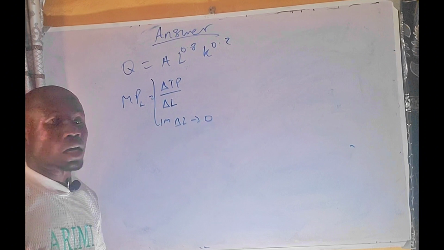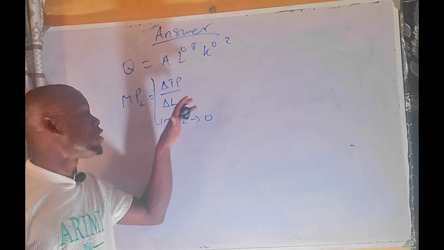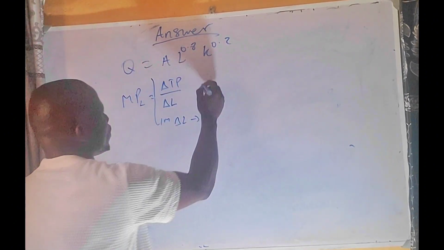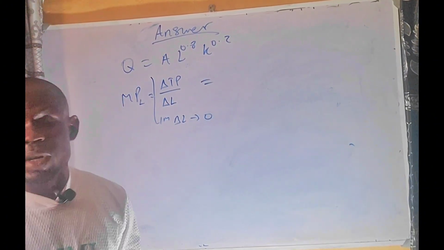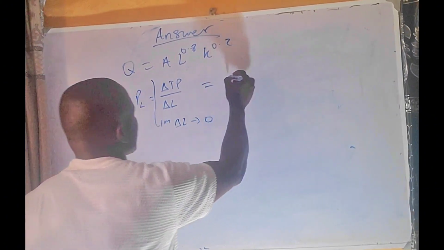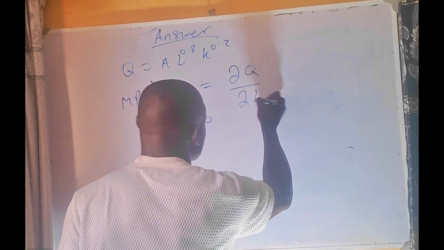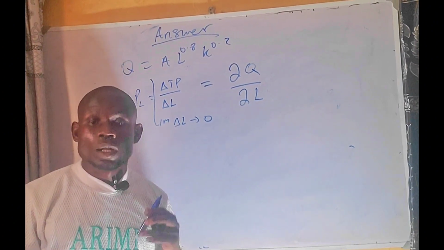These are marginal products. We are looking for the change in total product over the change in labor as the change in labor tends to 0. Using our knowledge of partial derivatives, this is the derivative of total product with respect to labor.